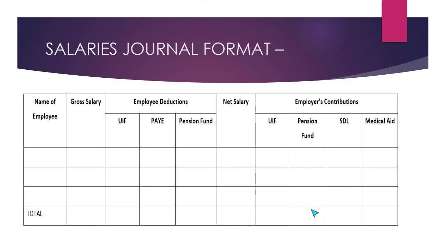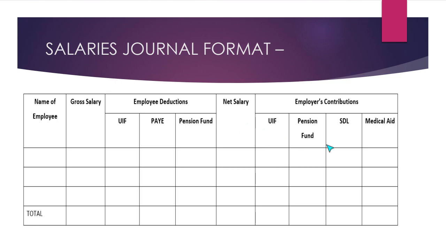And you can see here, this is the employer's contribution, in other words, what the employer will contribute. The question will tell you how much the employer contributes, but this one they won't tell you, because you must just know that. This is the 1% of gross salary.